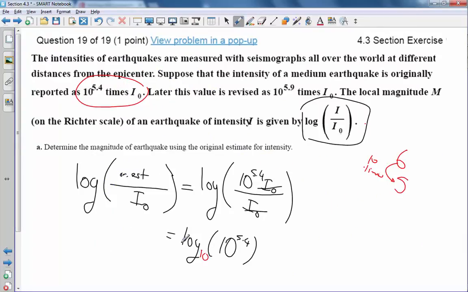So by that reasoning, you can cross this out and get a size 5.4 earthquake, a moderate one. Very severe but moderate earthquake, okay?